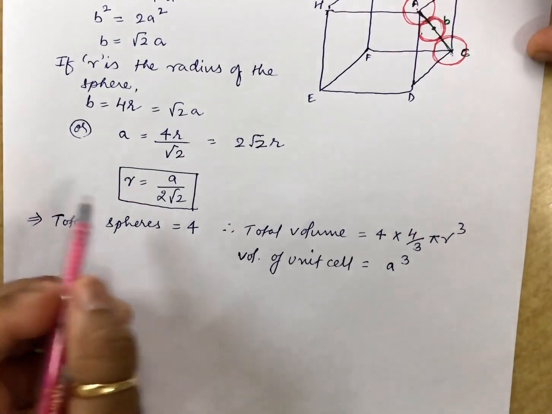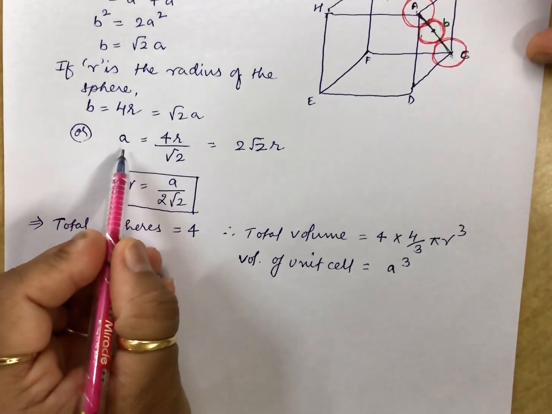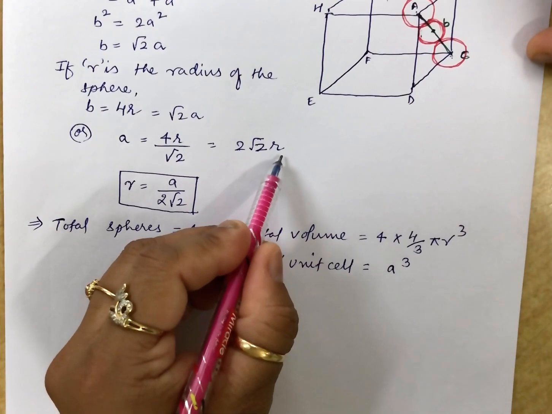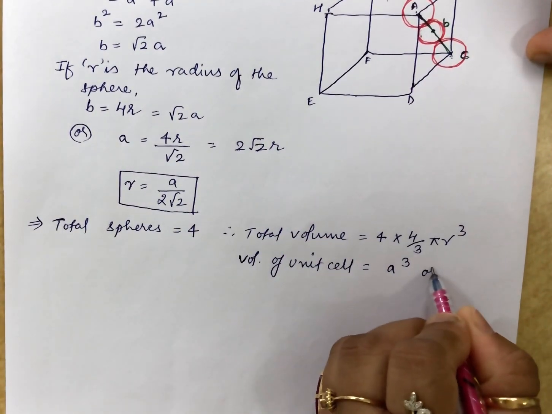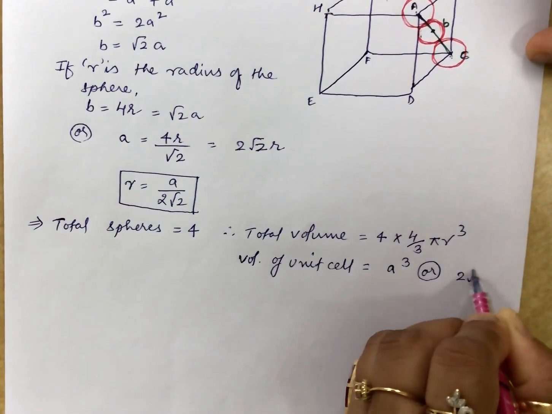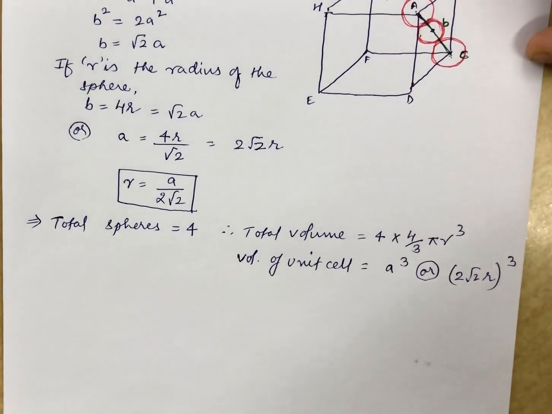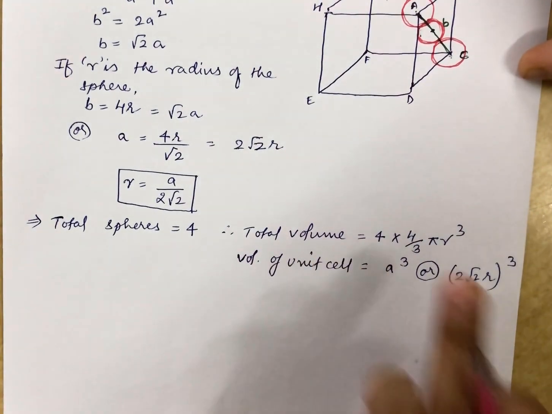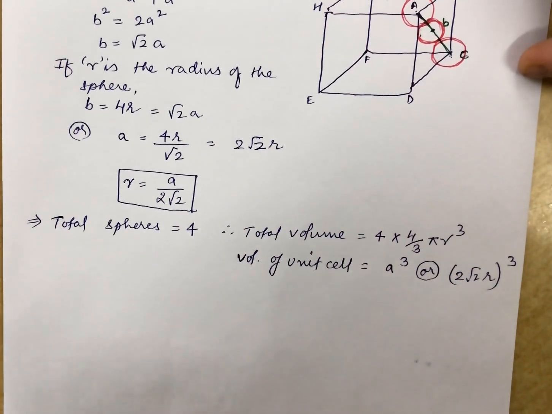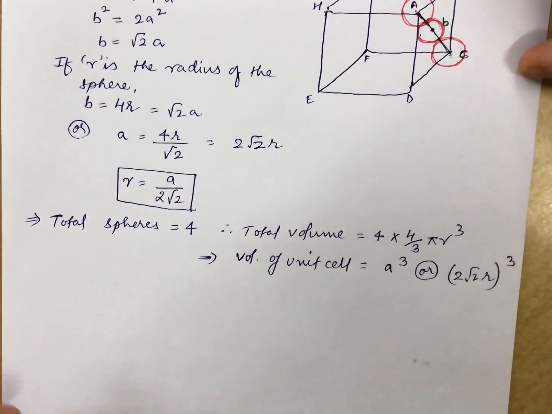Or what you have found out recently above, A is nothing but 2 root 2 R. So you can otherwise write A cube as 2 root 2 R cube. This is your total volume of the 4 spheres and this is volume of the unit cell.